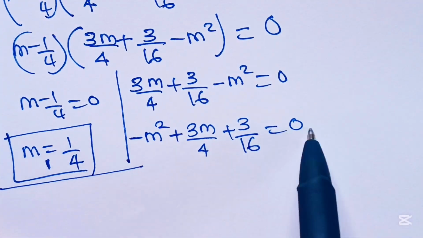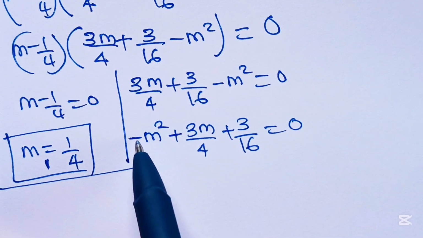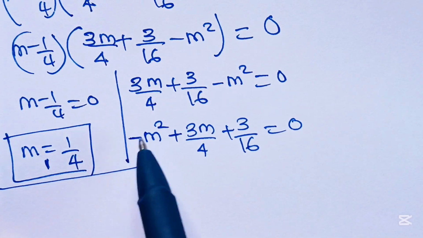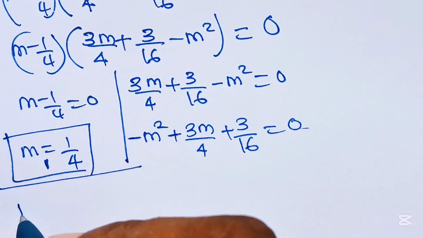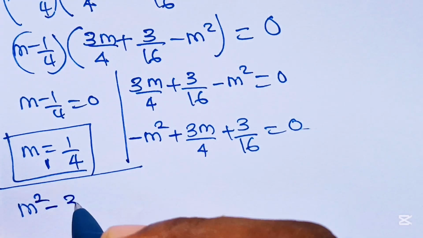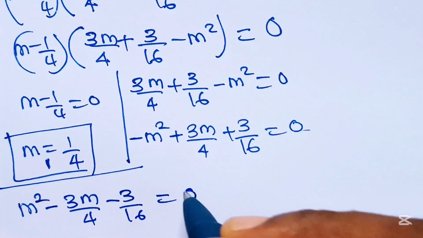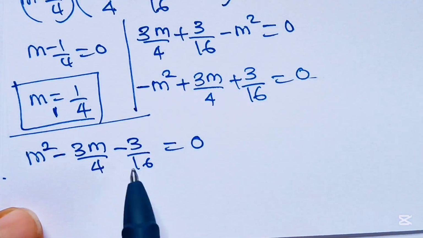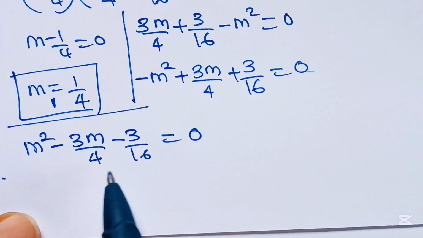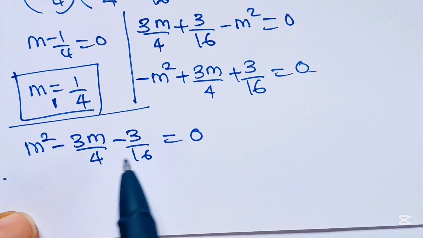Now we need to multiply through by minus 1 in order to remove this minus m squared. So we now have plus m squared minus 3m over 4 minus 3 over 16 is equal to 0.